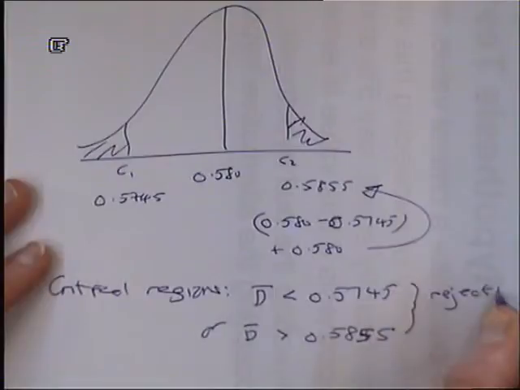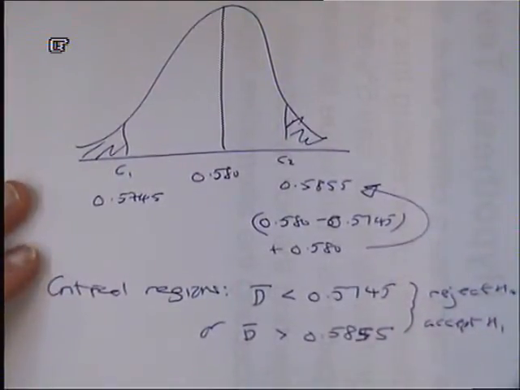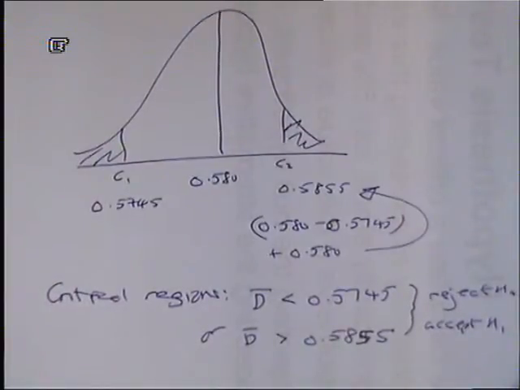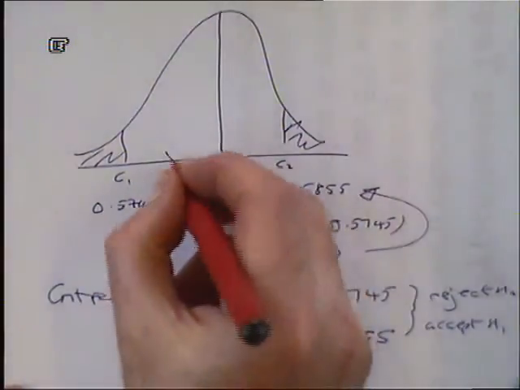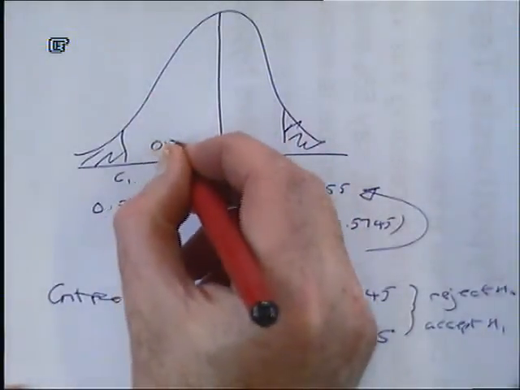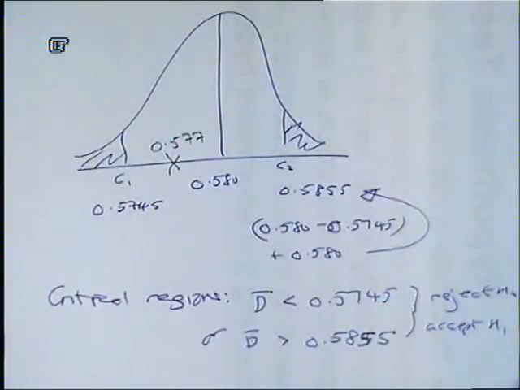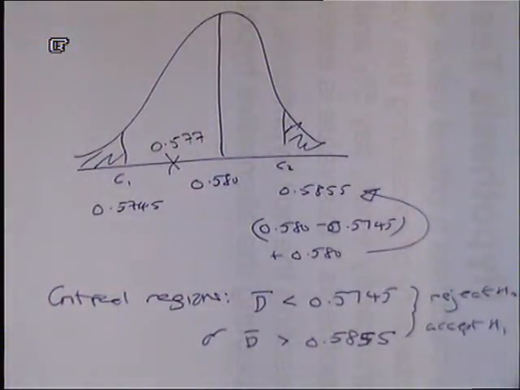If it's in a critical region, we will reject H0, which means we will have no option but to accept H1. But what was our step 4, the test statistic? It was given to us. What was the test statistic? 0.577. The test statistic we were told is 0.577, which is not in the tail. So we will not reject H0, we will accept H0.